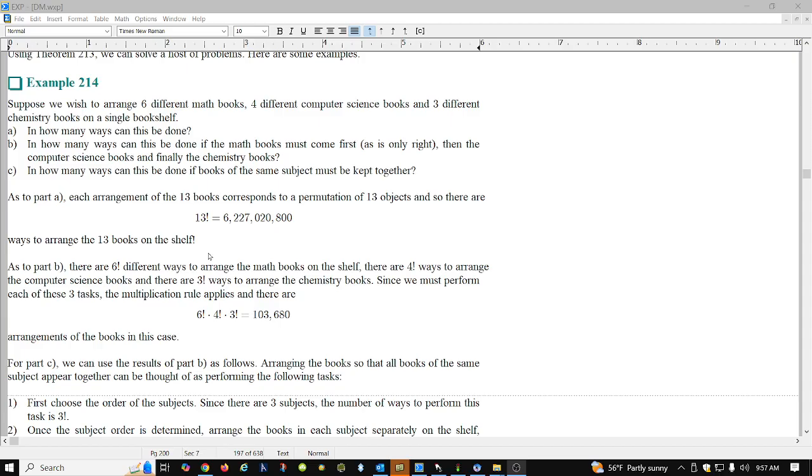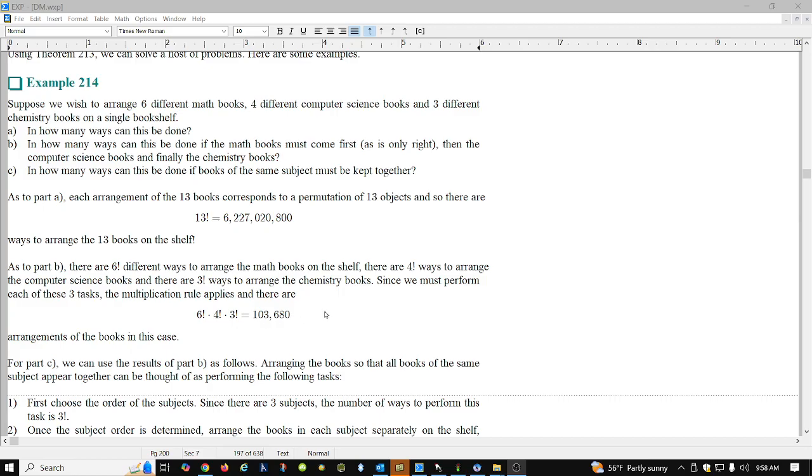There are 4 factorial ways to arrange the computer science books, and 3 factorial ways to arrange the chemistry books. We have to perform each of these tasks. We'll put the math books on the shelf first, then the computer science books, then the chemistry books. The independence rule holds, so the multiplication rule applies. 6 factorial times 4 factorial times 3 factorial.